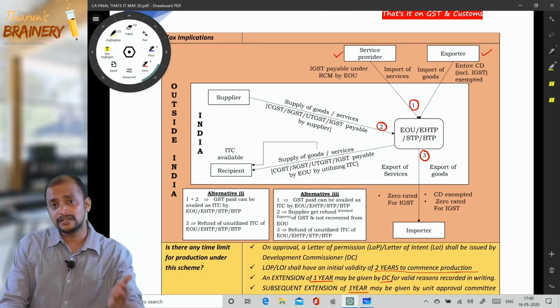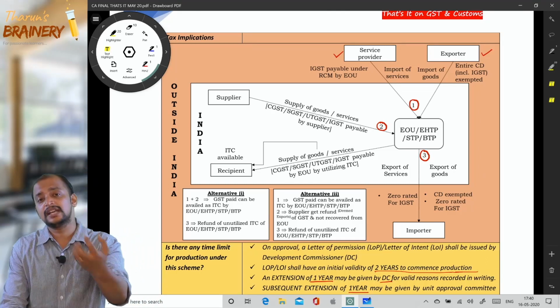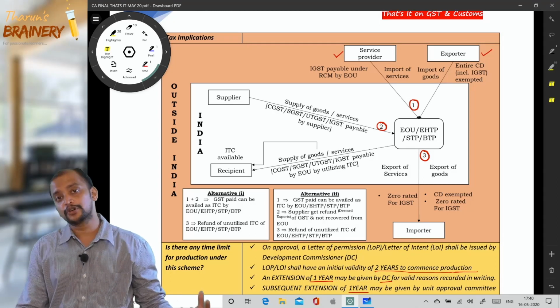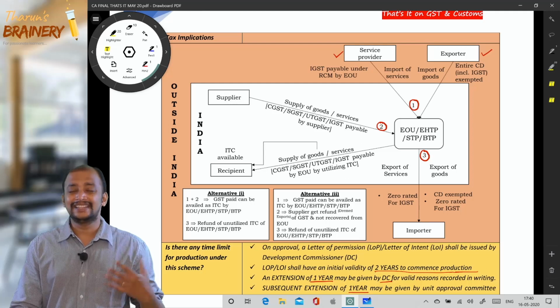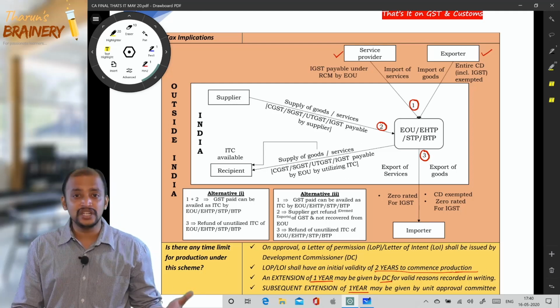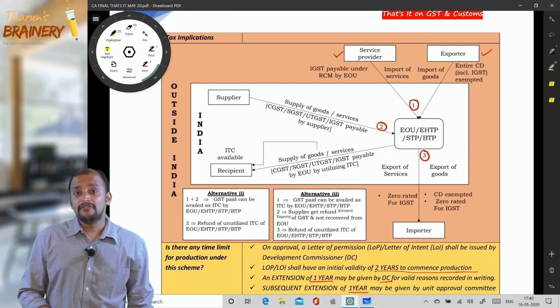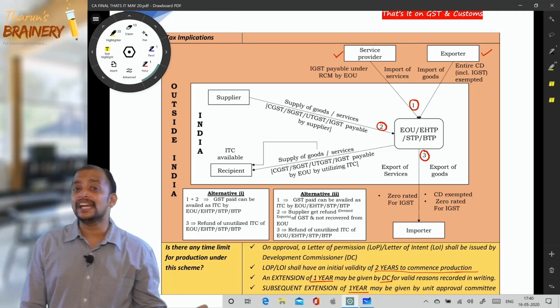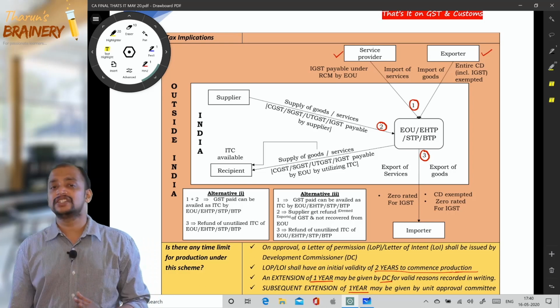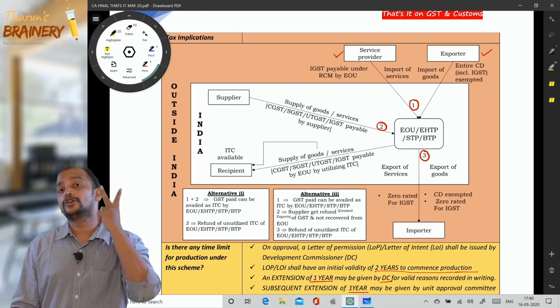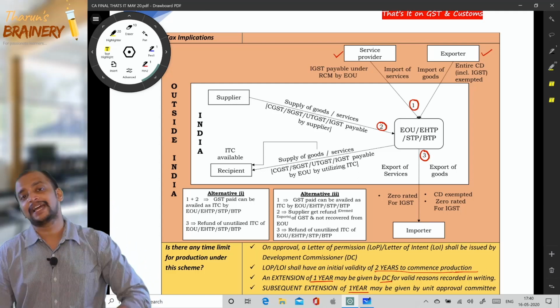Now they are purchasing locally. What is the impact of that? Whenever they procure locally, that is not exempted under GST and GST is payable. But for a person in DTA who is selling to EOU, EHTP, that may qualify for deemed export under GST, there are 2 options available to that supplier.